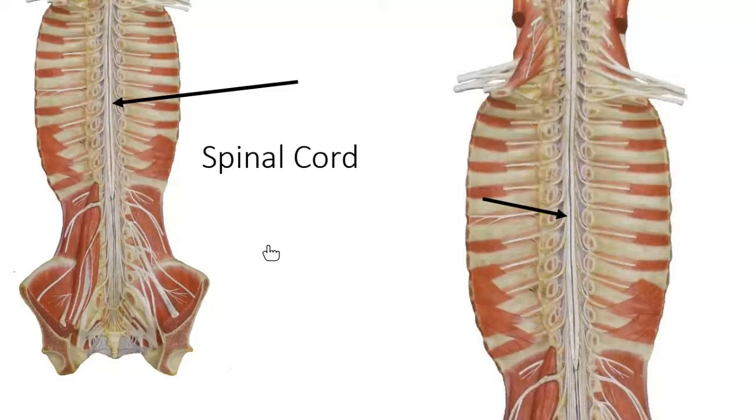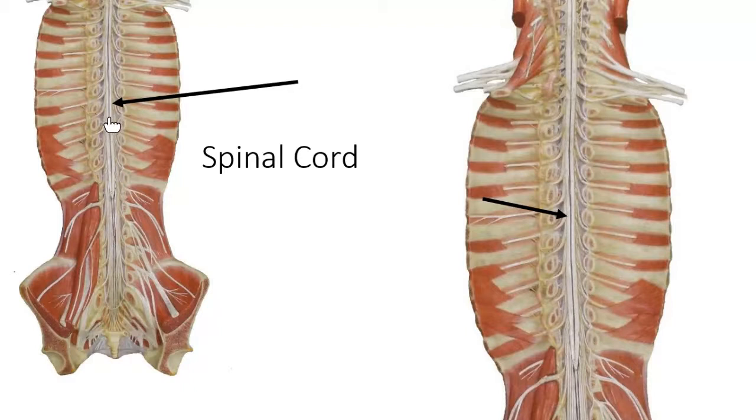Okay, so you'll hear me call it the spinal cord proper. What I mean by that is it's a rope. Okay, it's a neuron rope that terminates way down here at L1. I'll zoom in a little bit so you can see exactly what it is pointing to.